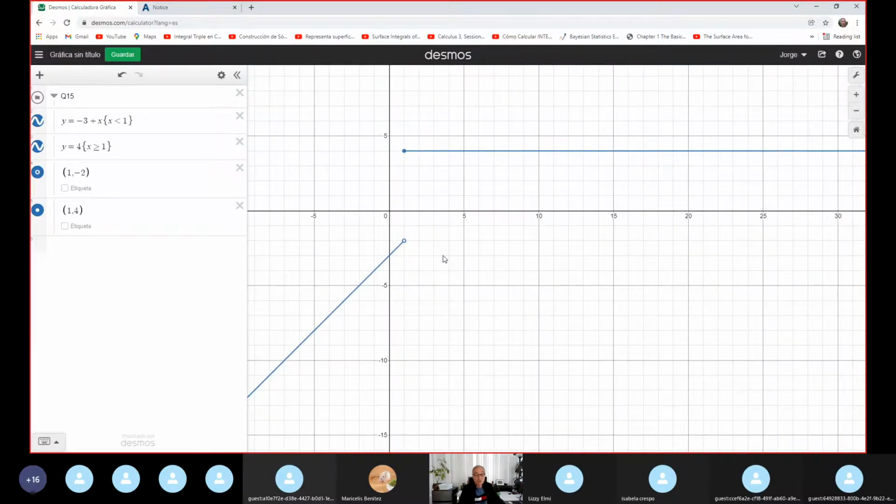So in the piecewise function, not always, but sometimes, in the majority of cases, the function is discontinuous. In this case, we have a jump discontinuity. You need to declare whether one point is open or closed.